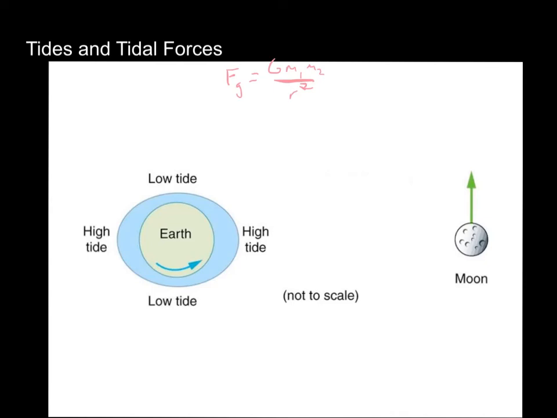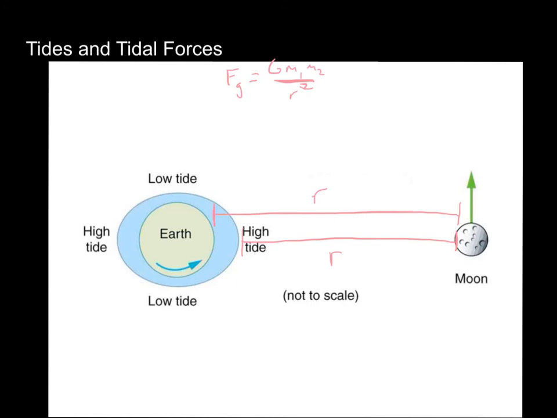Remember that Earth is mostly water, and all that water is kind of connected, so it can all move together, and water has the ability to move and flow. Well, if we look at the distance from here to here versus the distance to the surface of the Earth, underneath the water, you know that this r is less than this r.